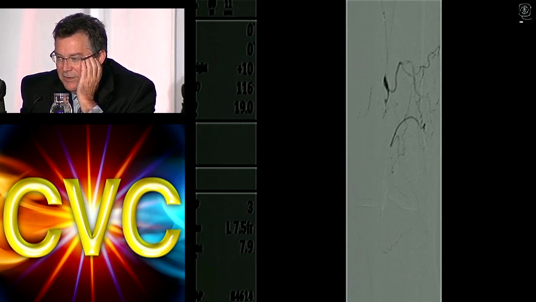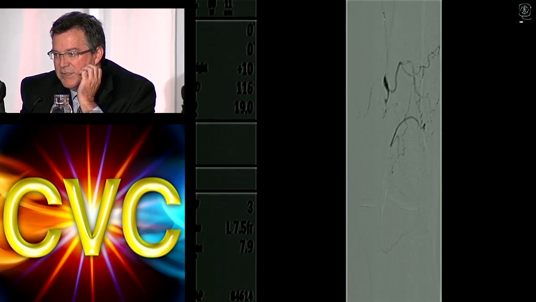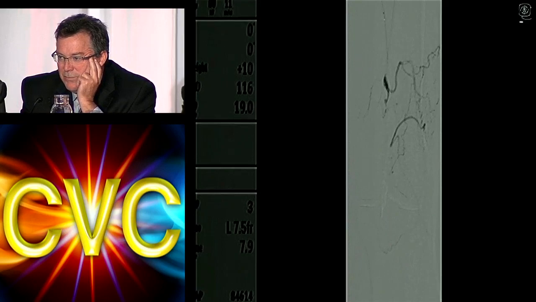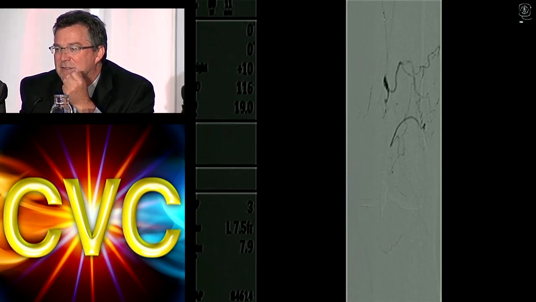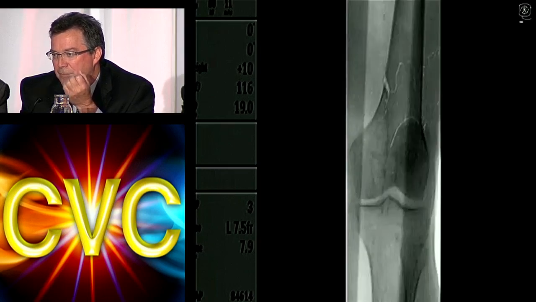If you're dissecting down with a wire, it's very hard to stay within a lumen, and you tend to extend this. I don't think you want to extend this down too far into that P3 segment. So this is one of those places where a crossing device is very, very beneficial.